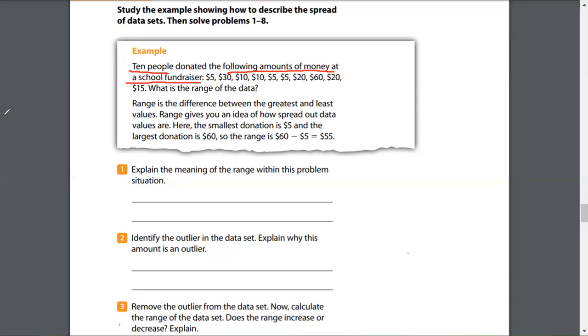And for range, it's going to be the difference in how much the person who gave the most gave and how much the person who gave the least gave. So the difference in what they gave was $55. So that's a lot for a school fundraiser. Sometimes, if you're going to donate money, a lot of us are donating $5. Then we have a person donating $60. So that's a big difference between the donations.